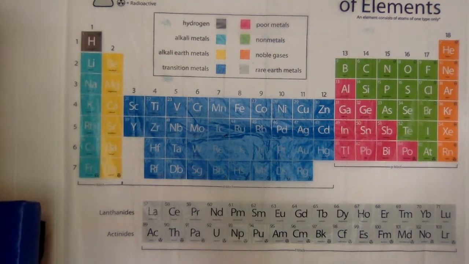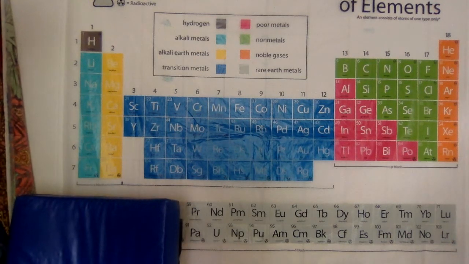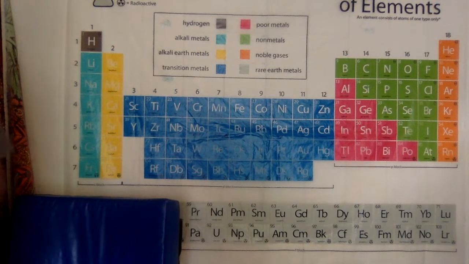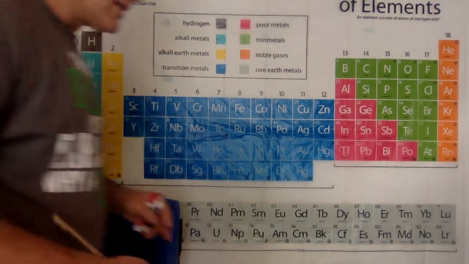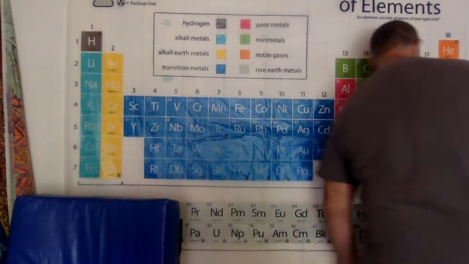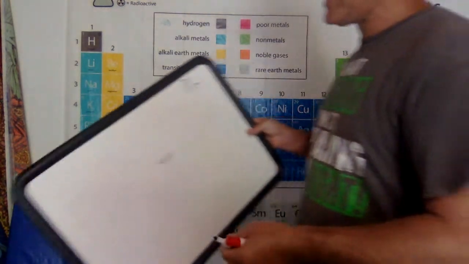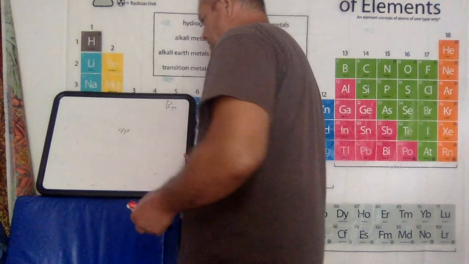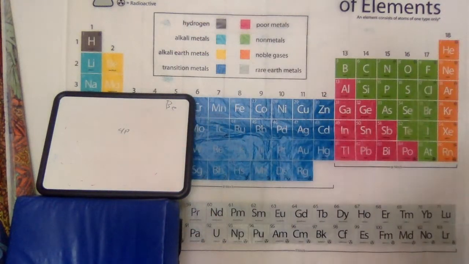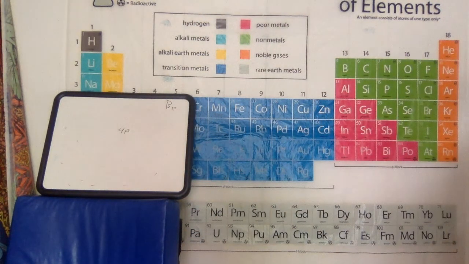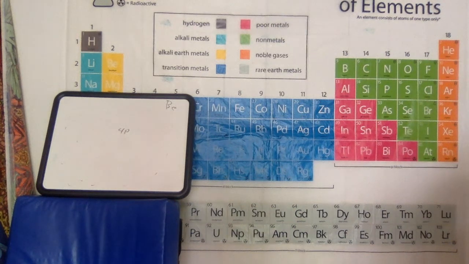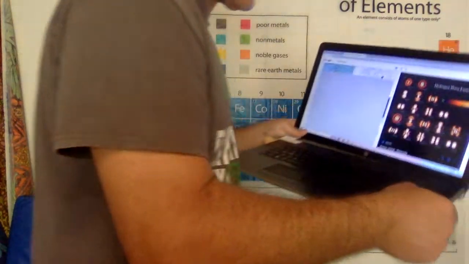Let's draw a couple more atoms, because the objective for today's lesson is for you to be able to draw, if I point to any of the first 20 atoms, any of them. And you're not really drawing them how they look, because remember, I showed you they really don't look like what we're drawing.